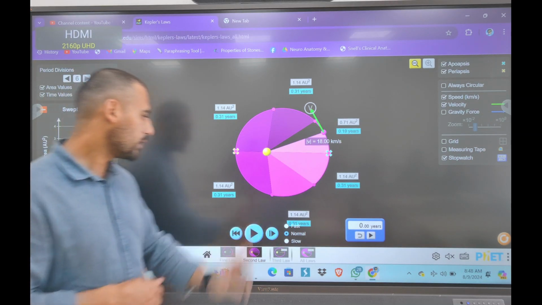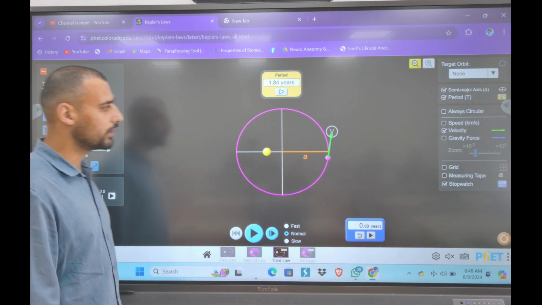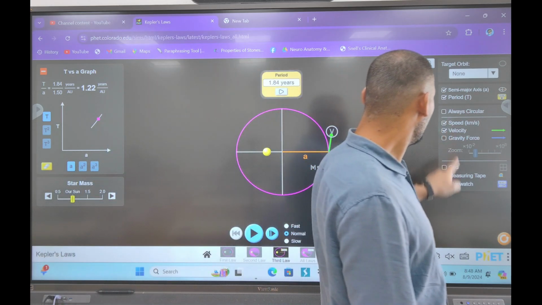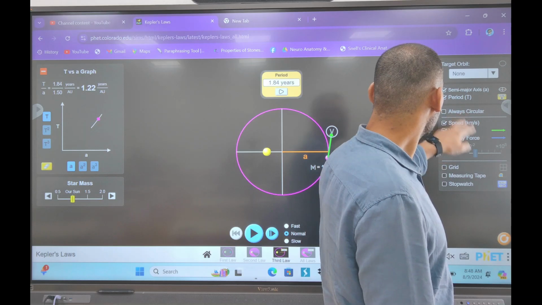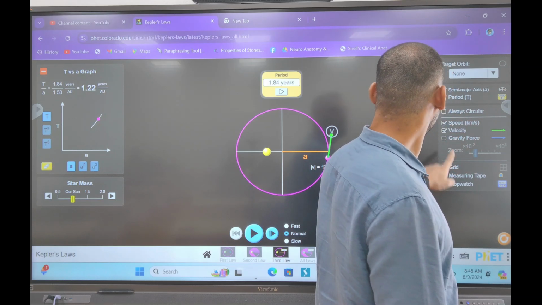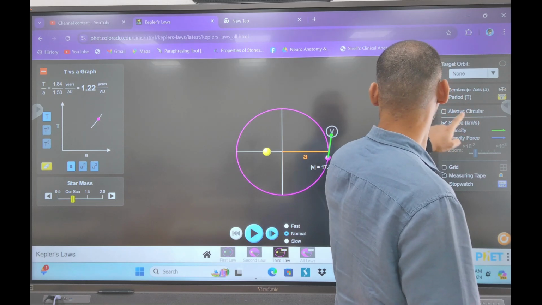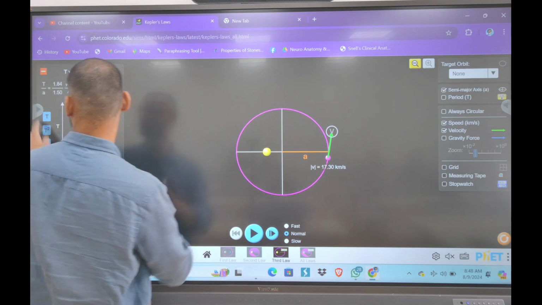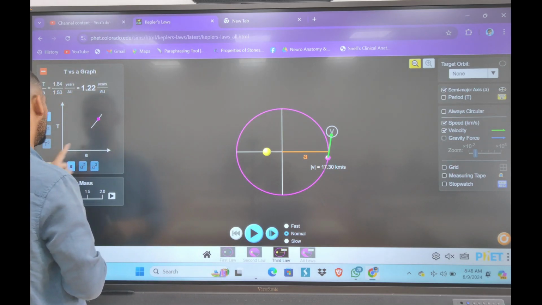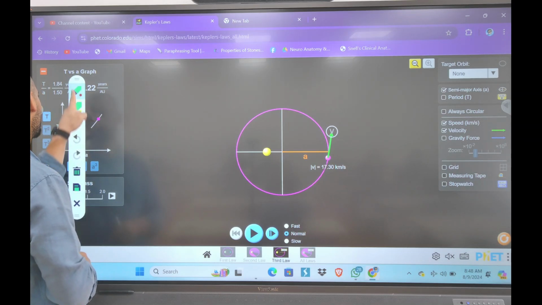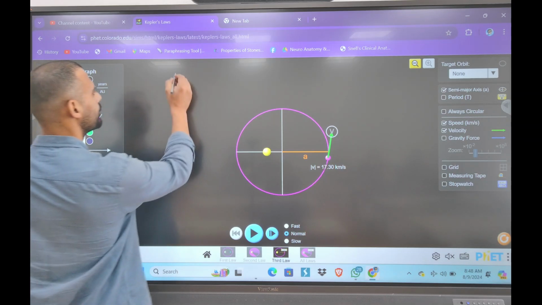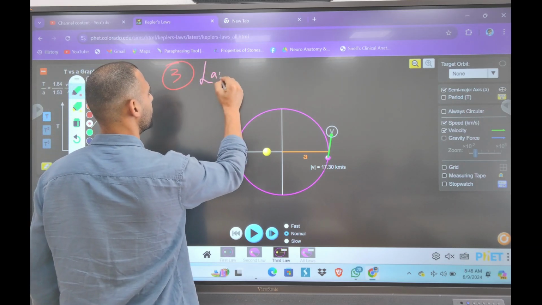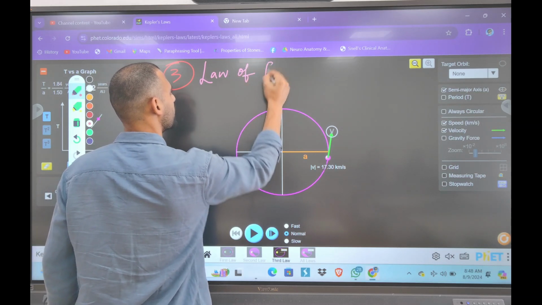Fine? Now I come to the third law, the last law. Now this law is called the law of periods.